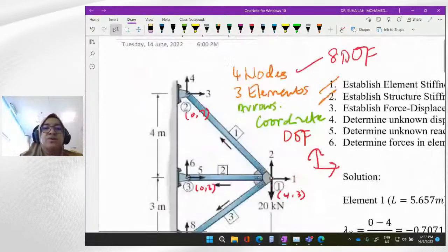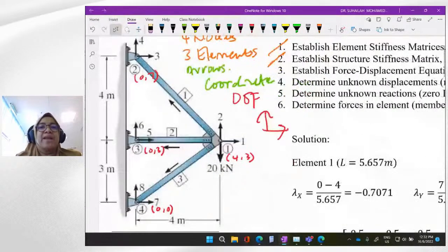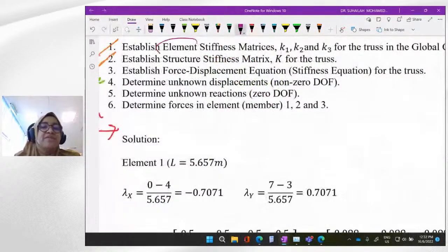So to establish element stiffness matrices, the keyword is stiffness. The stiffness symbol is K. So in stiffness method, we will establish everything in matrix: stiffness in matrix, forces in matrix, displacement also in matrix.